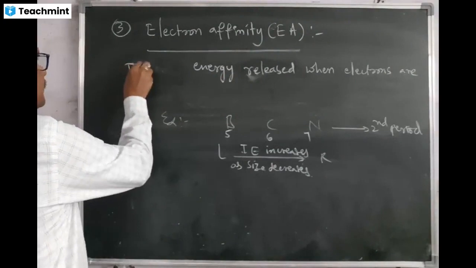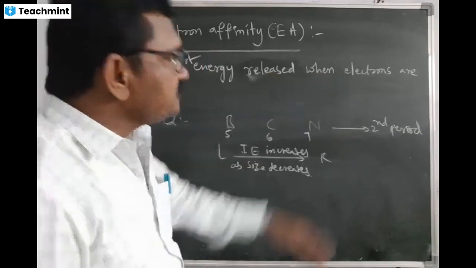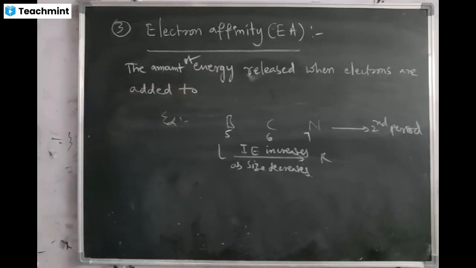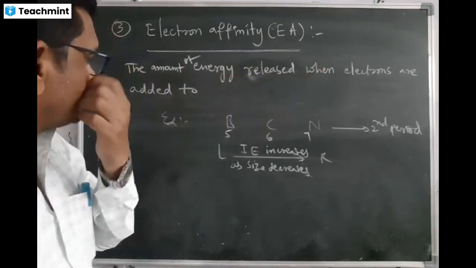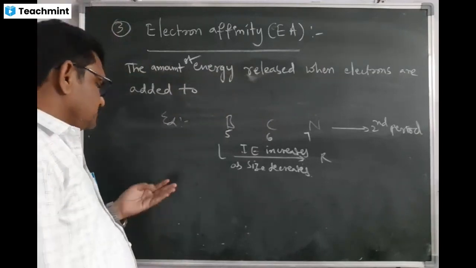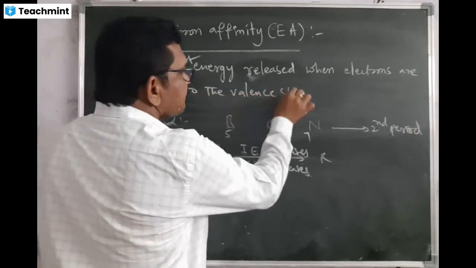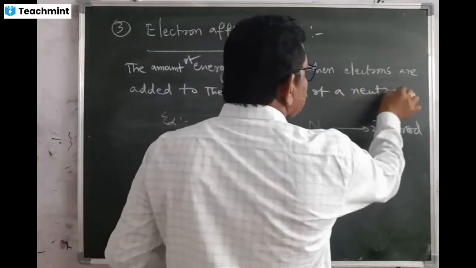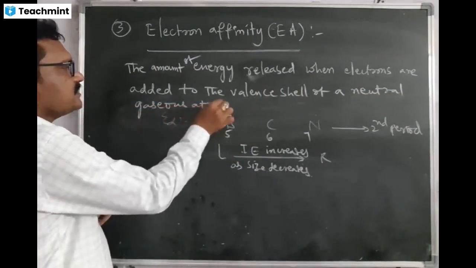You write here: the amount of energy released when electrons are added to the valence cell of a neutral gaseous atom.